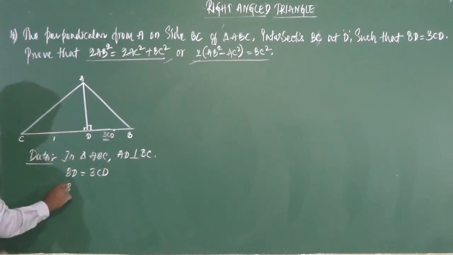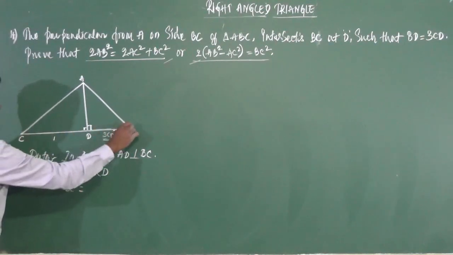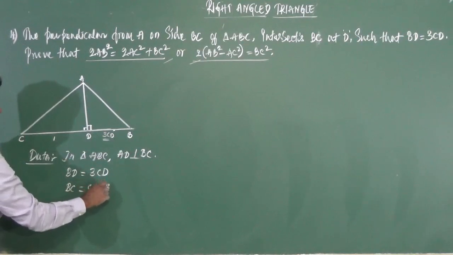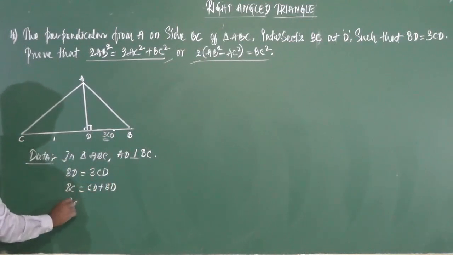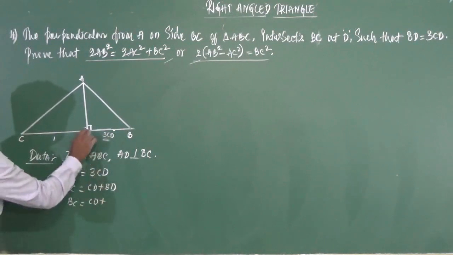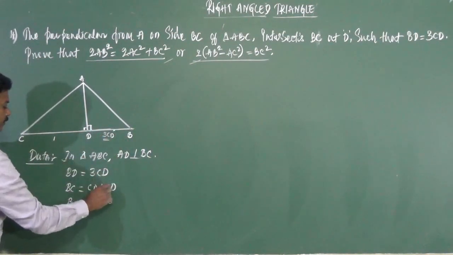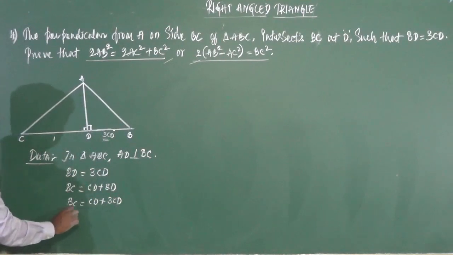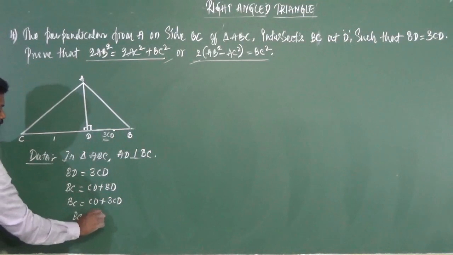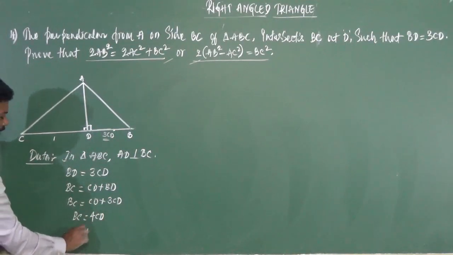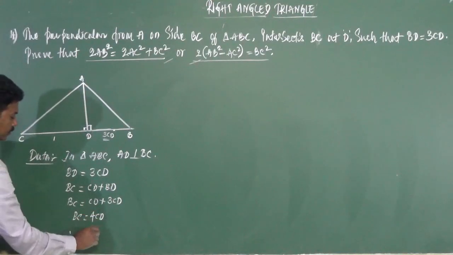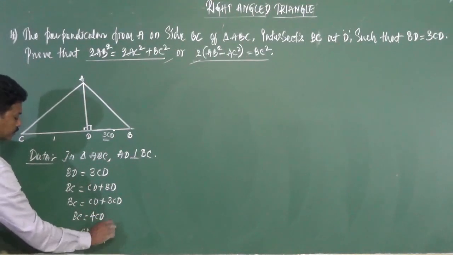So therefore BC will be equal to CD plus BD. Instead of BD I can write 3CD. So BC is 1 CD plus 3 CD, which is 4 CD. So therefore CD will be equal to 1 by 4 BC.